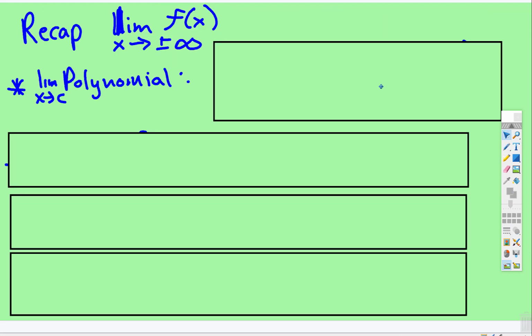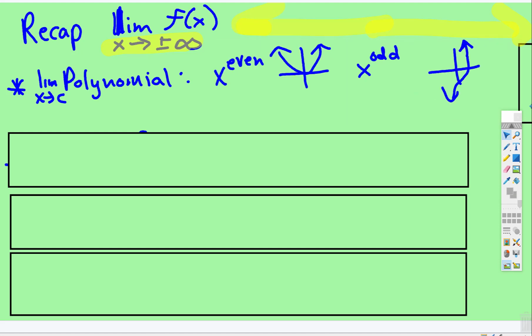Okay, so let's do a recap. When you're taking limits at infinity, meaning the x value is headed towards positive or negative infinity, what are the y values doing? Well, if it's a polynomial, you can just use what you know about parent graphs and figure it out that way. Remember, if there's a negative sign in front, these things are going to be flipped, so you do have to consider that.